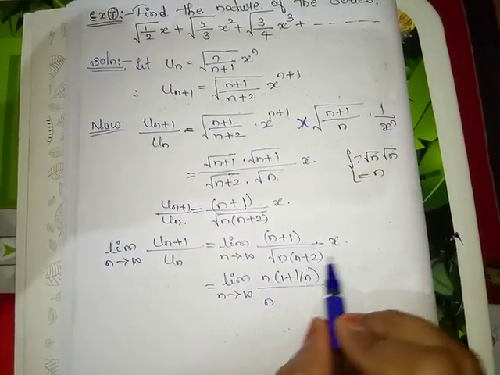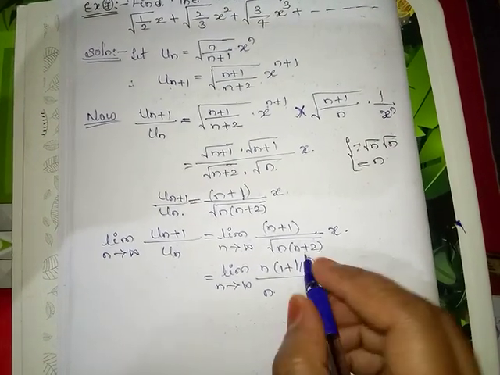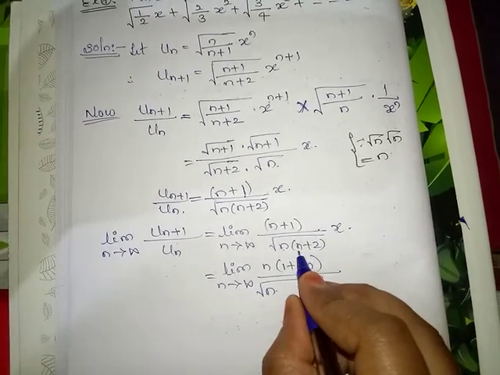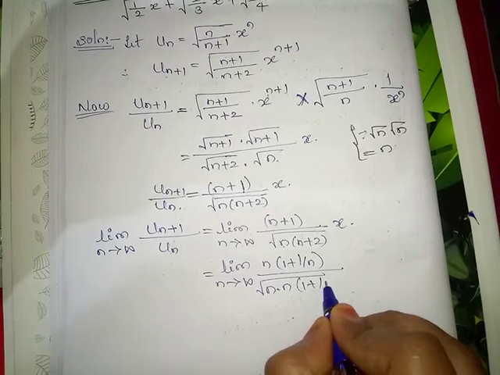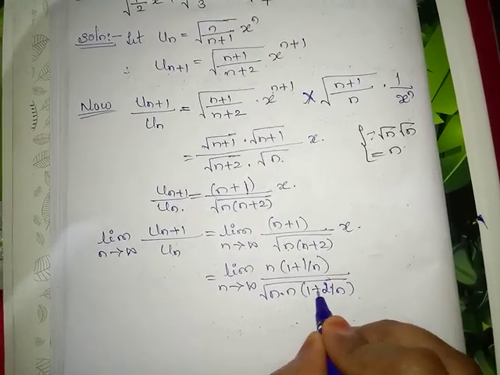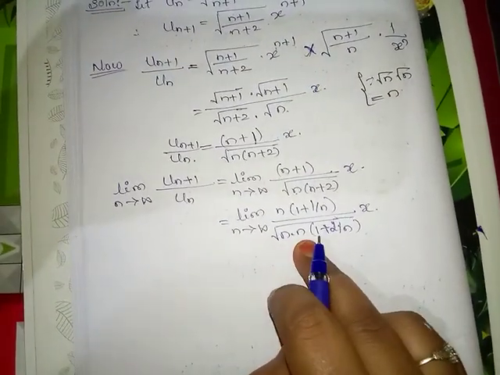N into n is n square, otherwise I will write another step. From this term I will take n common: n into 1 plus 2 divided by n, 1 plus 2 by n into x. N into n is n square.